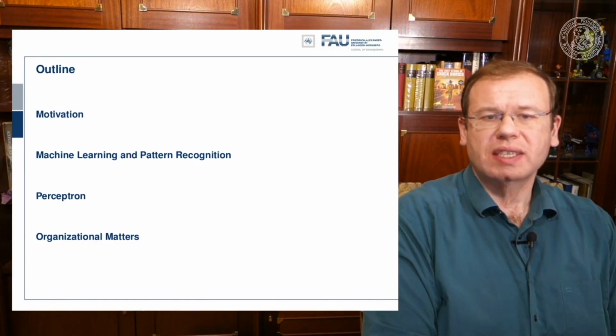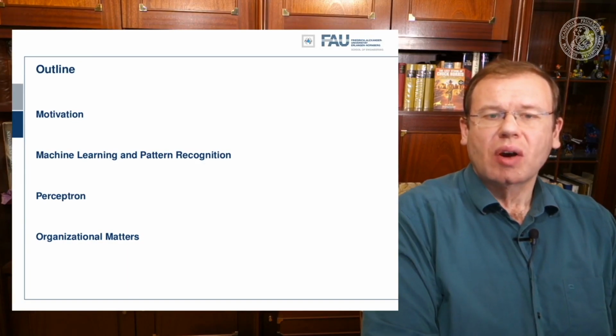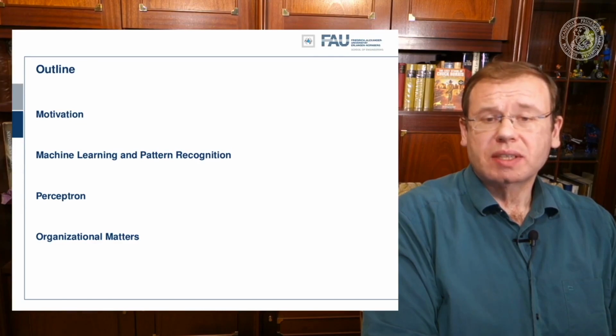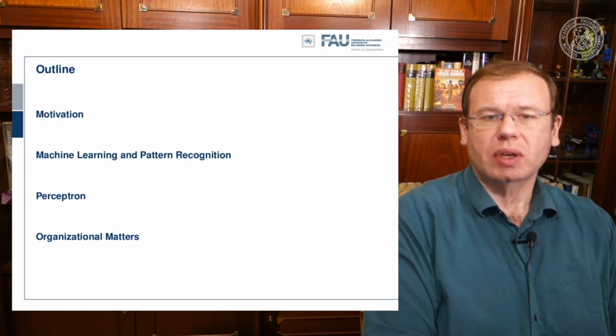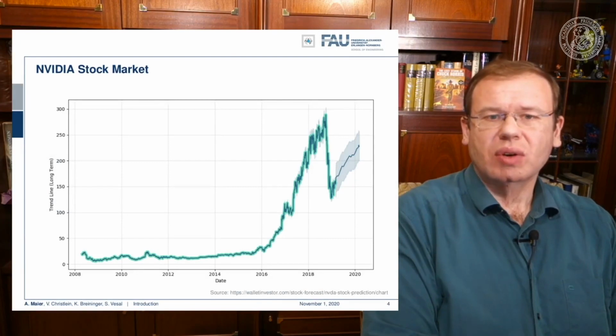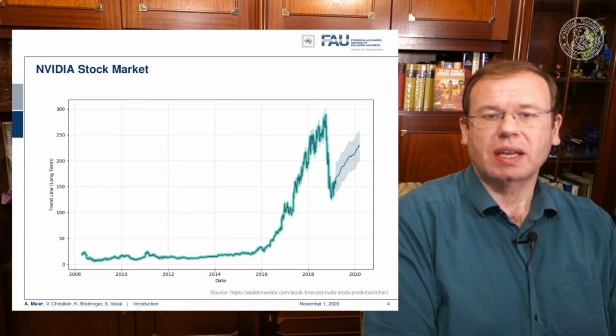And of course, in the first set of lectures, we want to start from the very beginning. So we will talk about the perceptron, and we will also have to talk about a couple of organizational matters that you will see in video number 5. So let's have a look into the motivation and what are the interesting things that are happening right now.